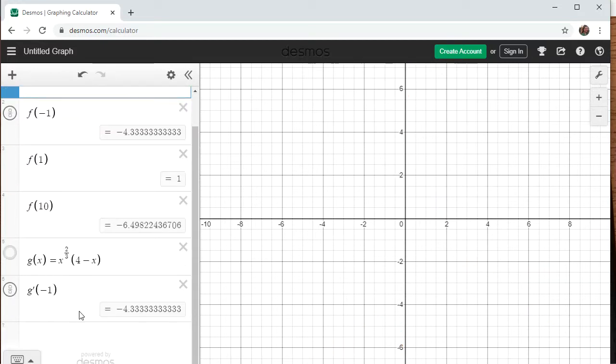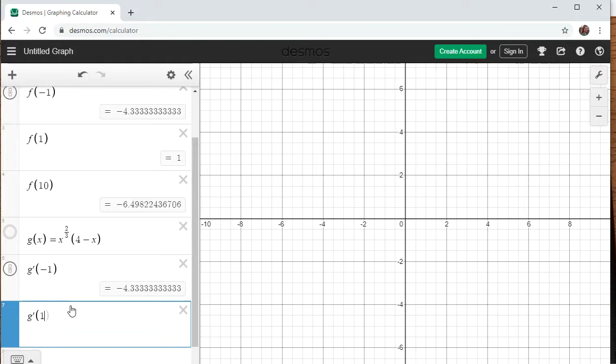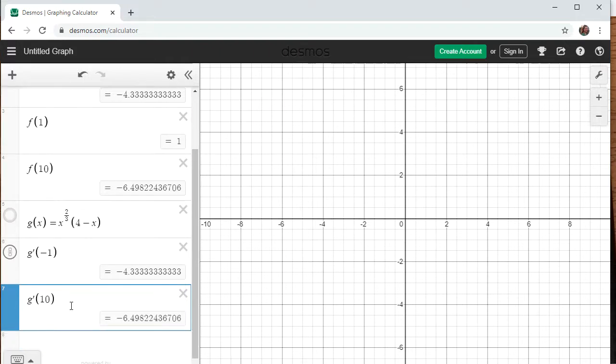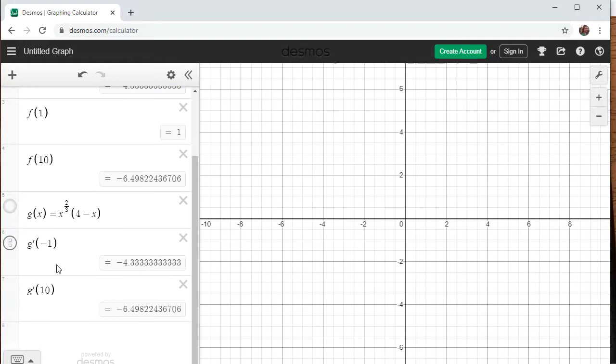But now I can confirm that I have my derivative entered correctly, so if I do g prime of the rest of them, it should work out just fine. G prime of 1 and g prime of 10. Beautiful. Okay, so typing in the derivative, as long as you type it correctly, is going to be even more efficient, but I can also type in the original function and evaluate the derivative. Good to have two options.